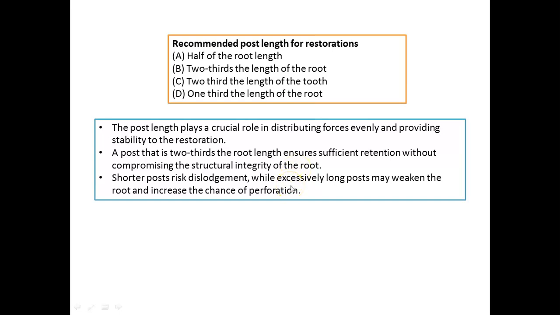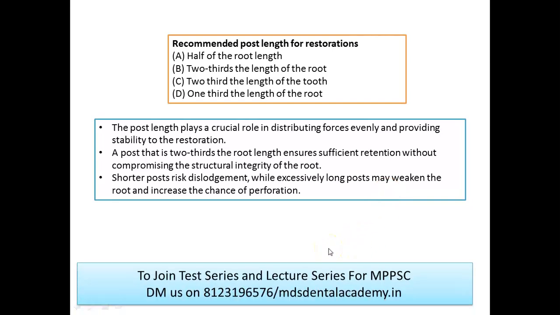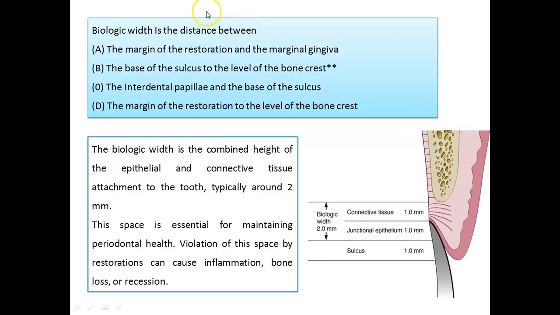With a shorter post there will be a risk of dislodgement, and if you take an excessively longer post, it weakens the root and increases the chance of perforation also. So remember dear students, we have dealt with the post length in this question, and also the importance of shorter post and longer post.